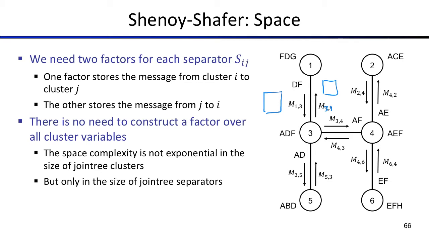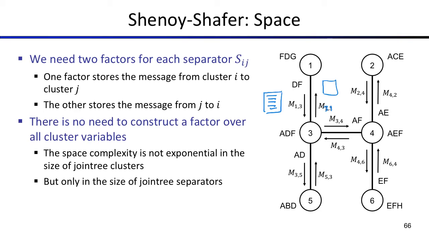Let's suppose that the first node that sends a message is node 1, so I send the message to node 3. I fill in this factor here with the information of the message from 1 to 3. If it sounds strange to you to say that a message is a factor, it is. It's just a multiplication of factors and elimination of variables, and it's going to be a factor at the end. So a message is a factor.